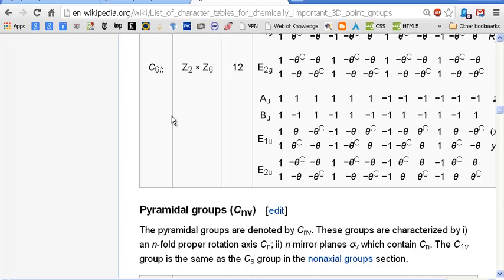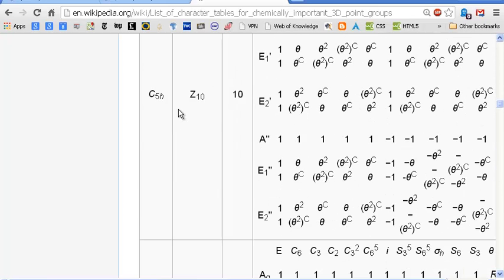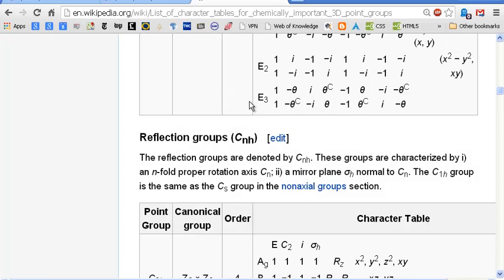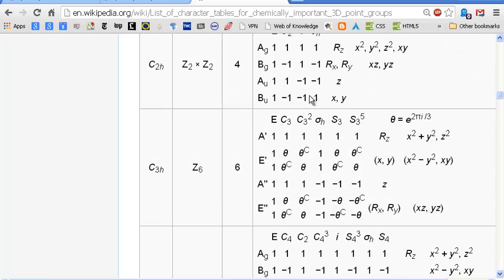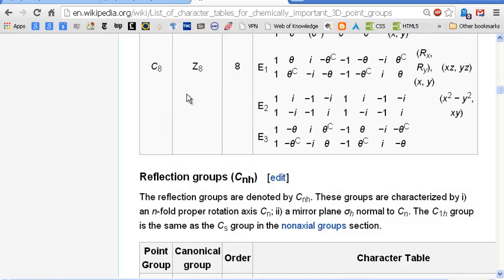Let's go up here. How about the horizontal? Go up here, C6, a simple one. Now the problem here is that you have a center of inversion, or you have separate classes of rotations and so on. So all these Cnh are out. We're running out of things to do. And how about these?